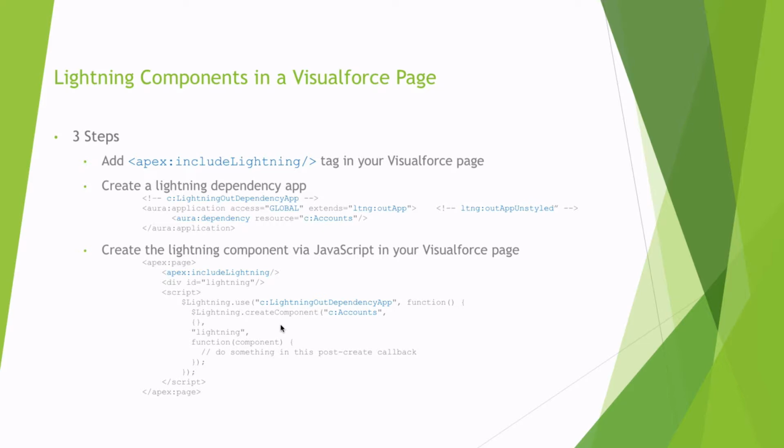Sure. You can call the $Lightning.use method multiple times on a page, but just make sure that all calls reference the same Lightning Out dependency app. And also make sure that you have an aura:dependency described for every component that you create at this level. Okay. Now let's see this in action.